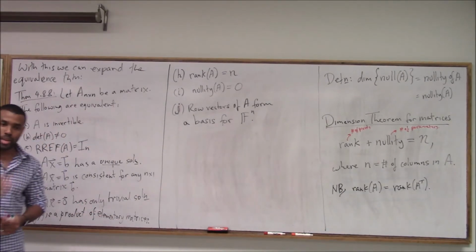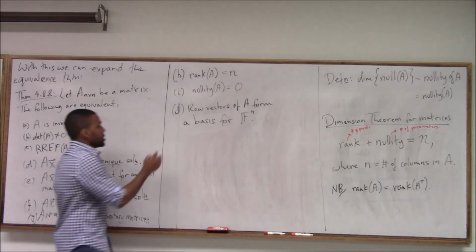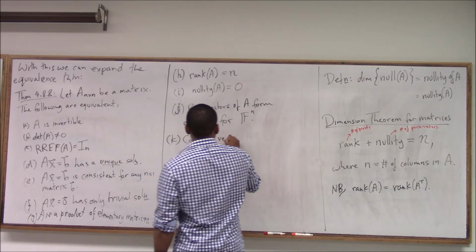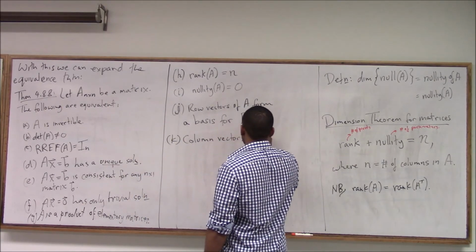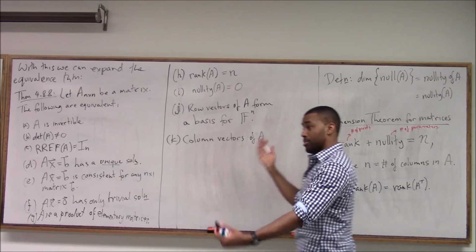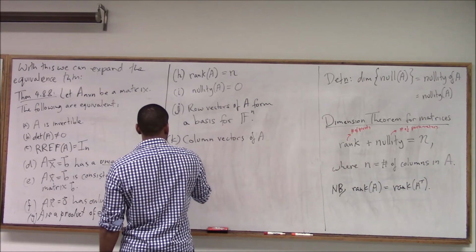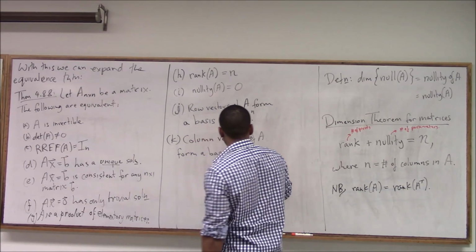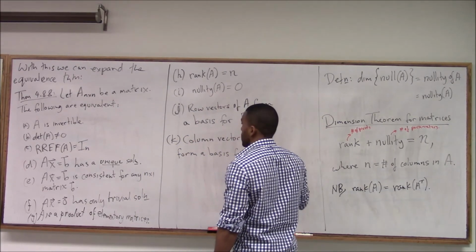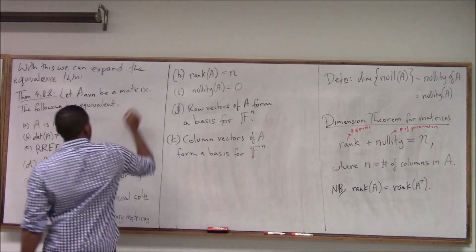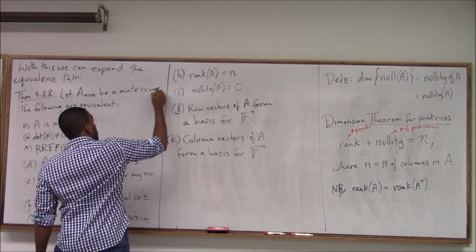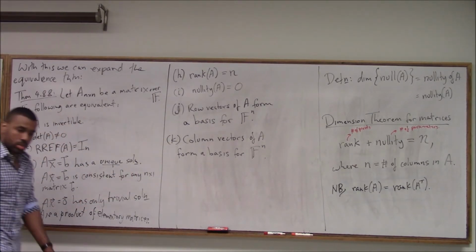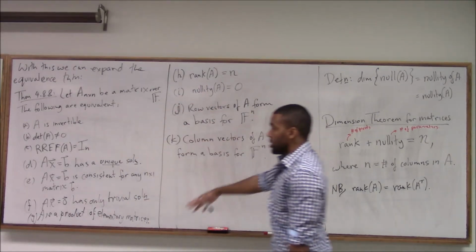So I can state two facts in one. K. What can you say about the column vectors? You can actually say the same thing. They also form a basis. So this is a matrix over F, meaning the components in the matrix come from the real numbers or the complex numbers. And you can get all of this for free.